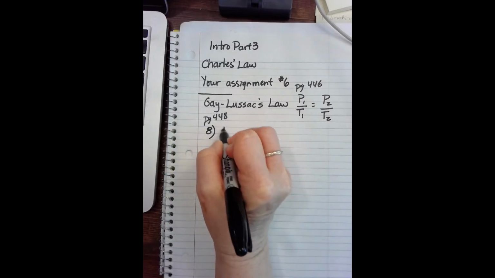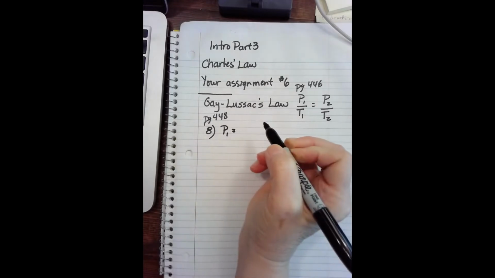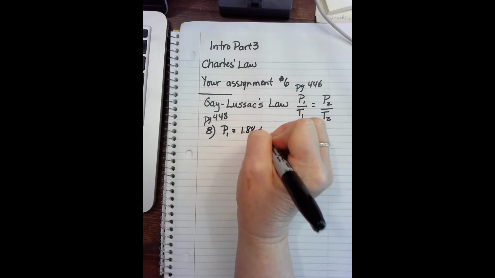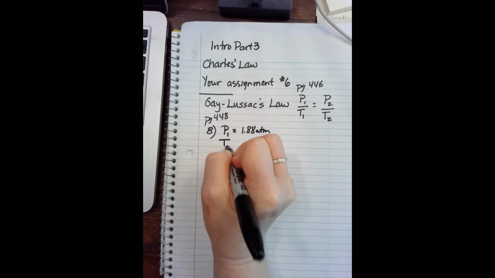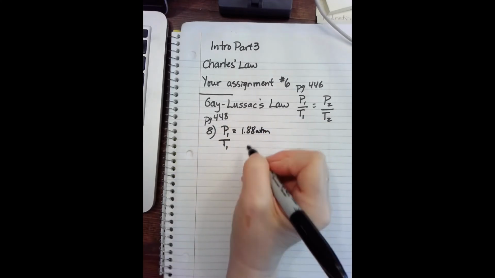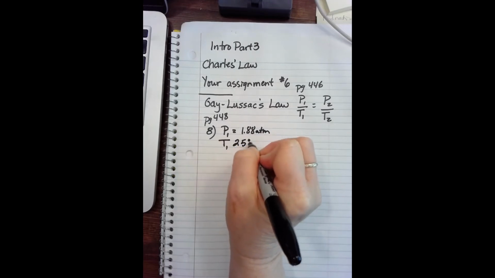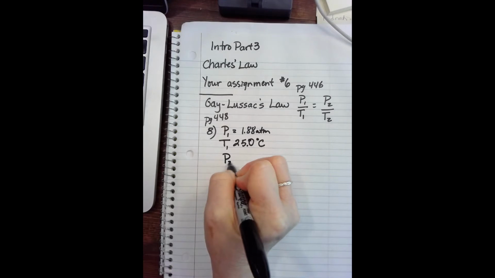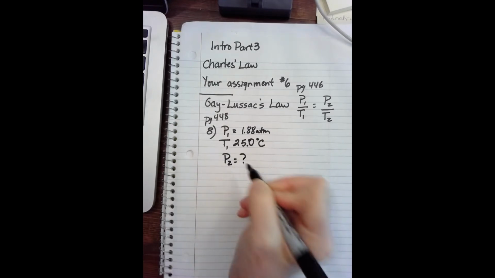So again, we're going to make a chart. The beginning pressure is 1.88 atm. The beginning temperature is 25.0 degrees Celsius. The question is, what will the pressure be?